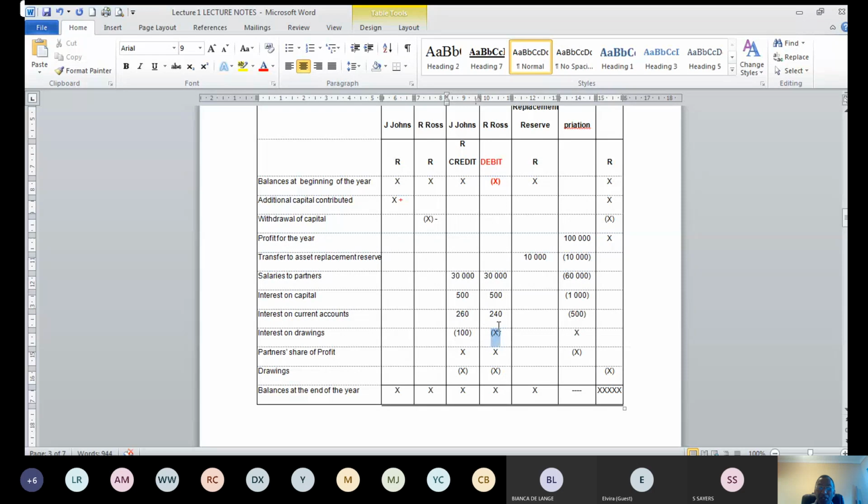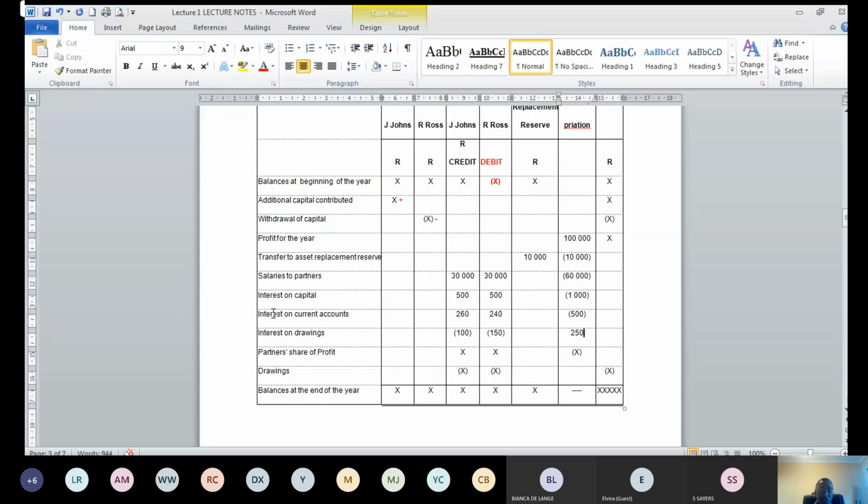So if the first partner, Johns, must pay in 100 Rand, and the other one must pay in 150 Rand, you will see that it is actually a plus to our profits. The available profit will therefore increase by 250 Rand. We charge them, it's almost like they must pay in the money, which will increase the available profit.